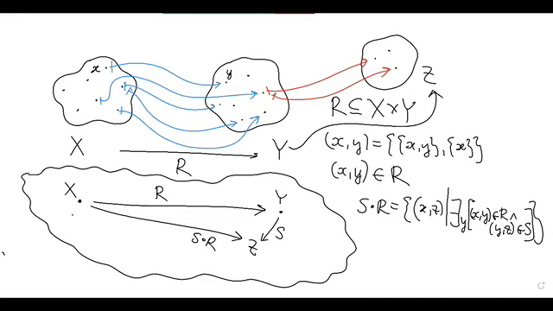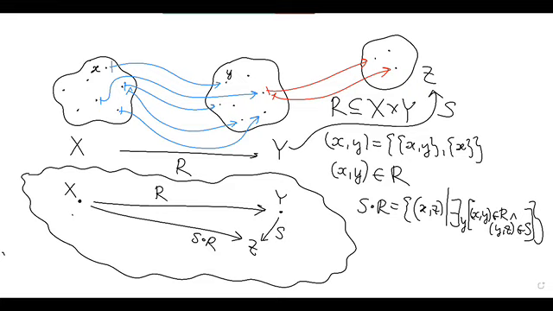So if this is S, and now I want to move from X to Z, I begin at any point here, I follow the blue arrow, and then I get stuck. If I begin at X, I follow the blue arrow, I get stuck with Y. There is no way to go from Y to somewhere in the set Z, so that means that X will not get paired with anything.